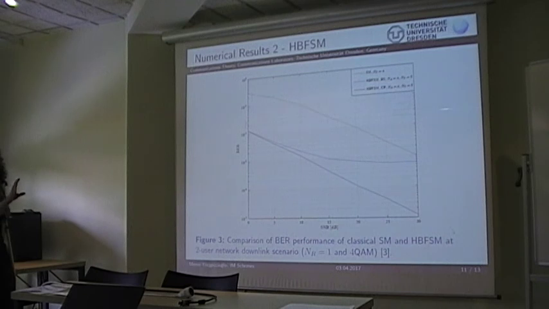Yeah, but for one data stream, one RF chain. In that sense, the spatial modulation and HBFSM are the same. Yeah, but you are transmitting 4 streams in the other cases. How many streams do you transmit? No, in this case, on both of them, I transmit.